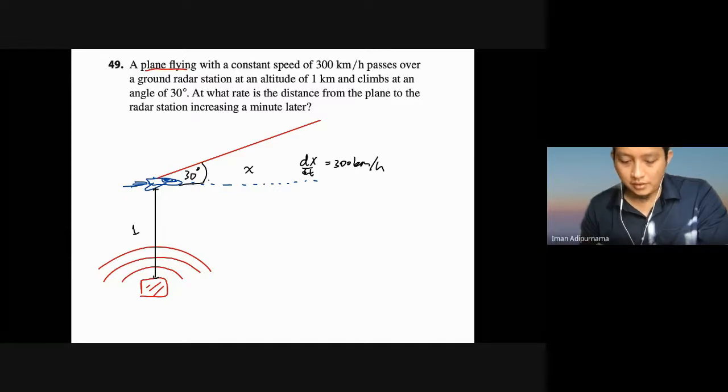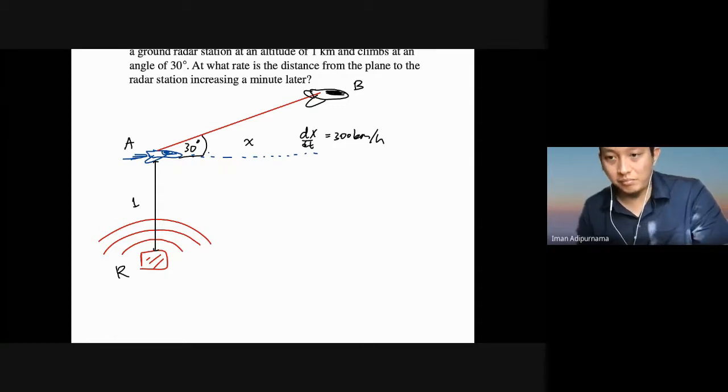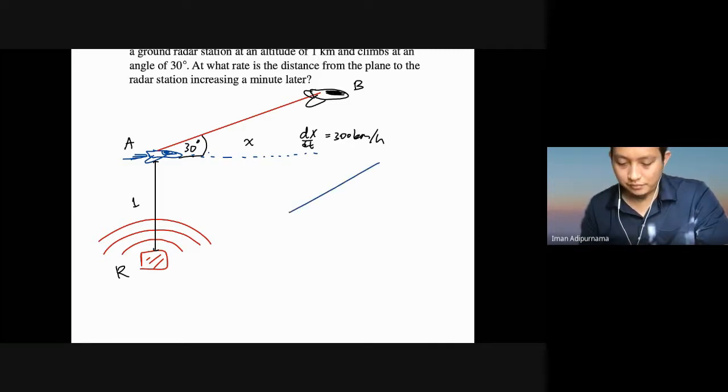Now imagine the plane is going to be here. So this is A, this is B. So the plane is going to be evaluated at B. Now let's say this is R, the radar. So we have R, A, B, and that becomes our triangle, right?